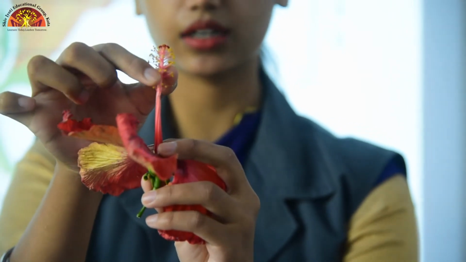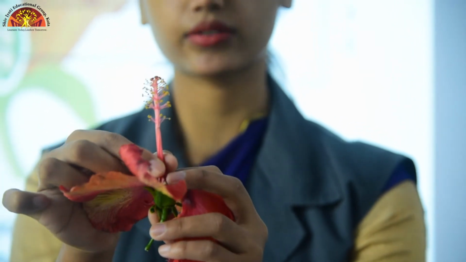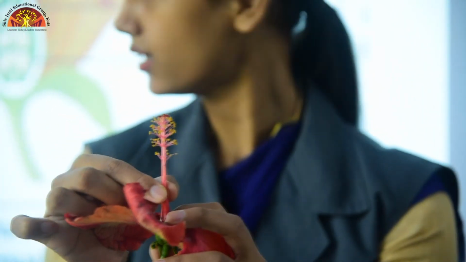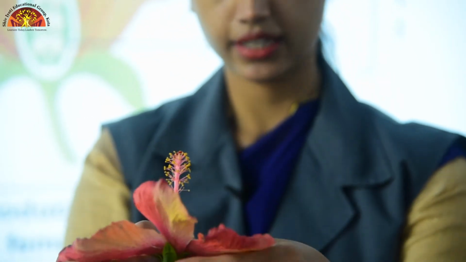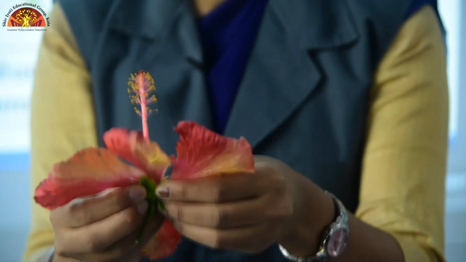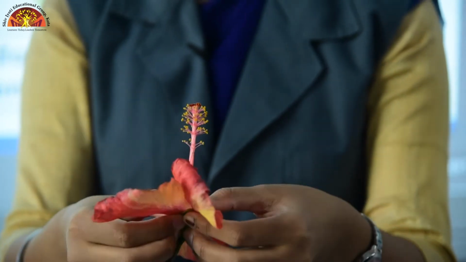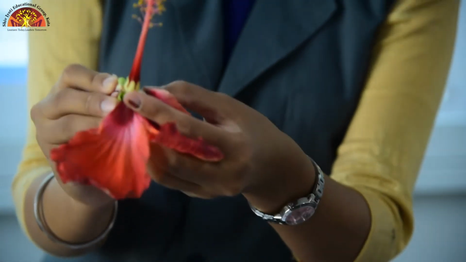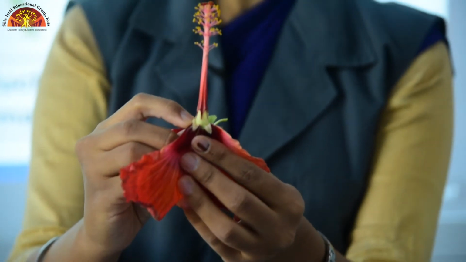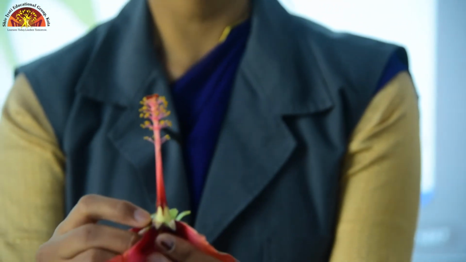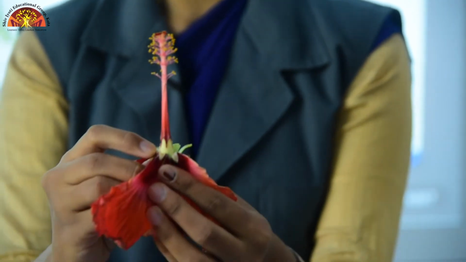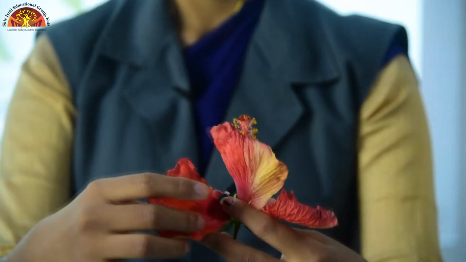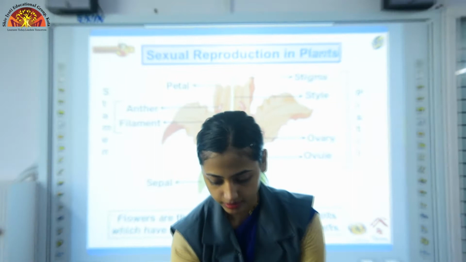Then you can see a thick long tube-like structure. This is style. And here at the bottom, ovary is not directly visible, so I am tearing this flower. This is inside it. This is ovary, and inside this ovary what is present? Ovules. So that was all the parts of a flower.